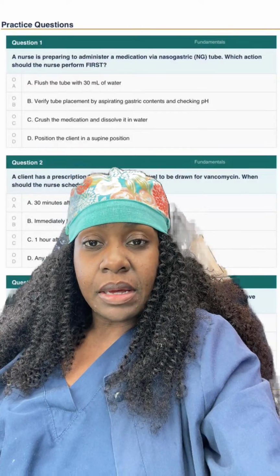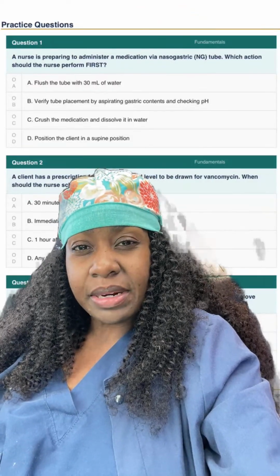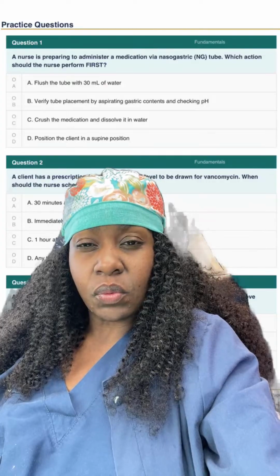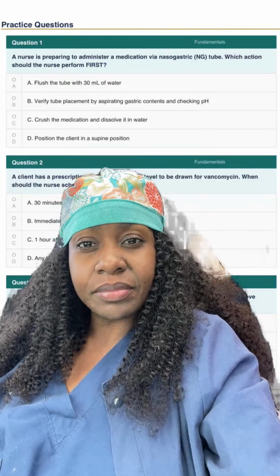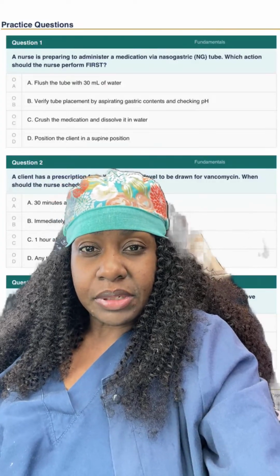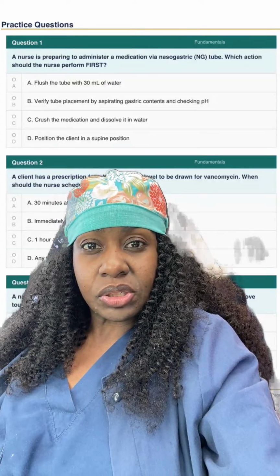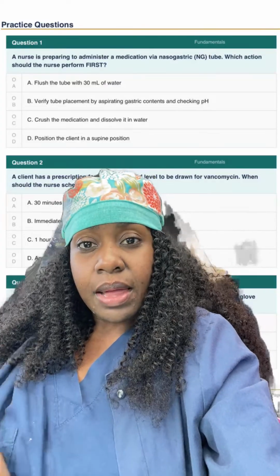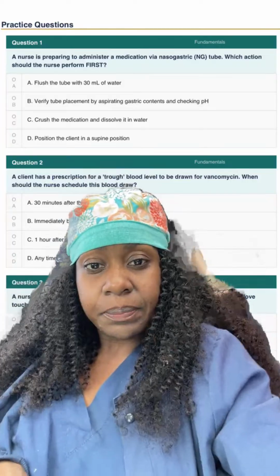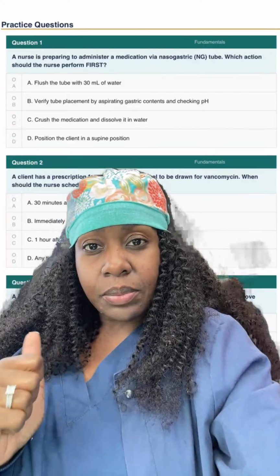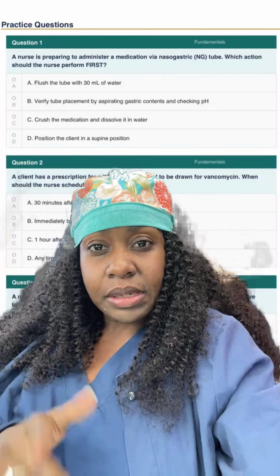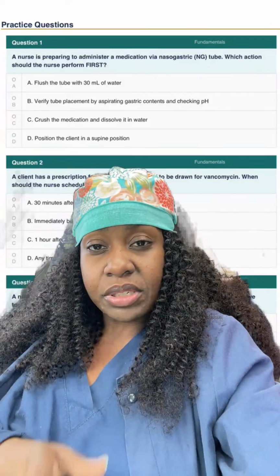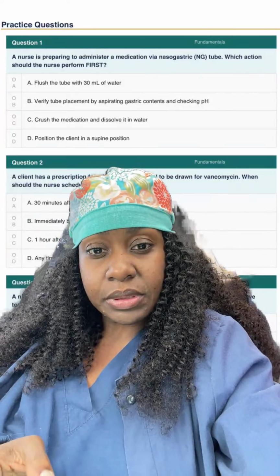C, crush the medication and dissolve it in water. And D, position the patient in a supine position. In this case, think about what is important for this patient. What would you do first?